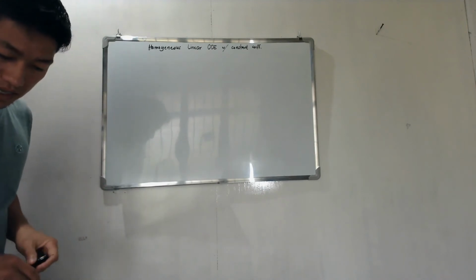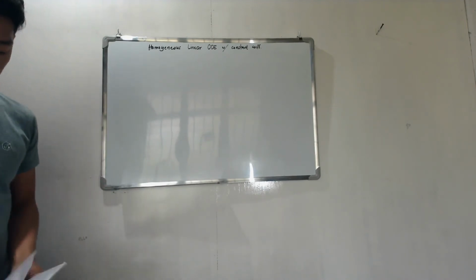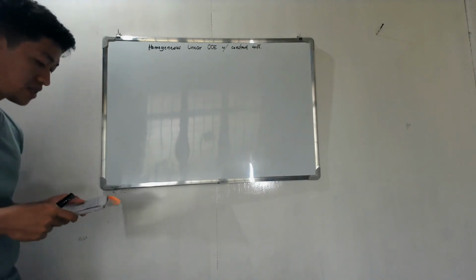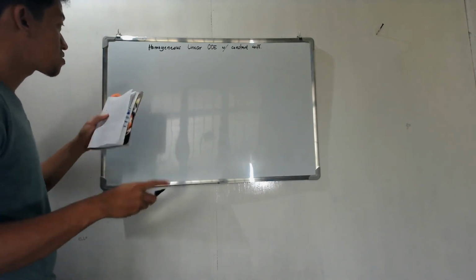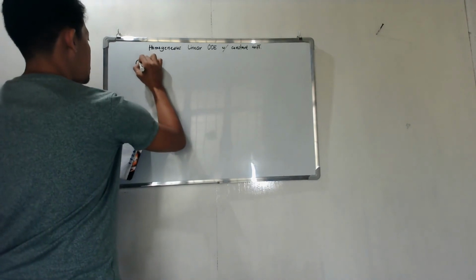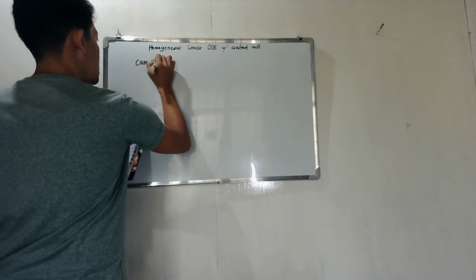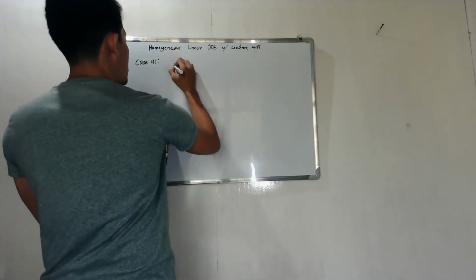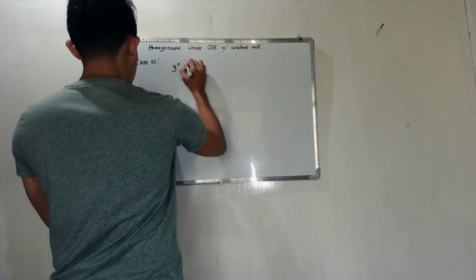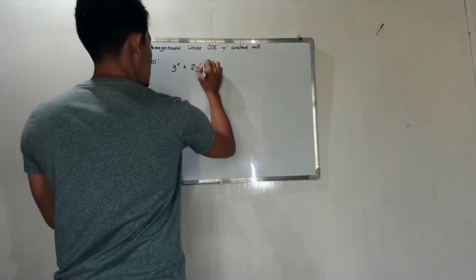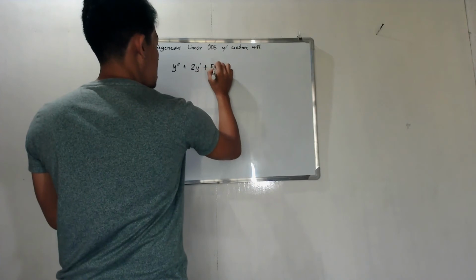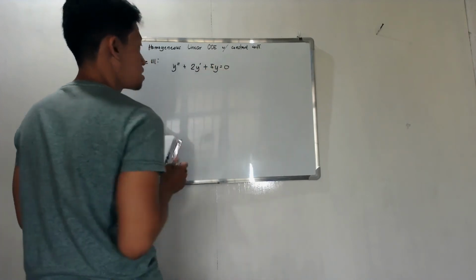And then, let's have an example for case number 3. So, for case number 3, y double prime plus... okay.